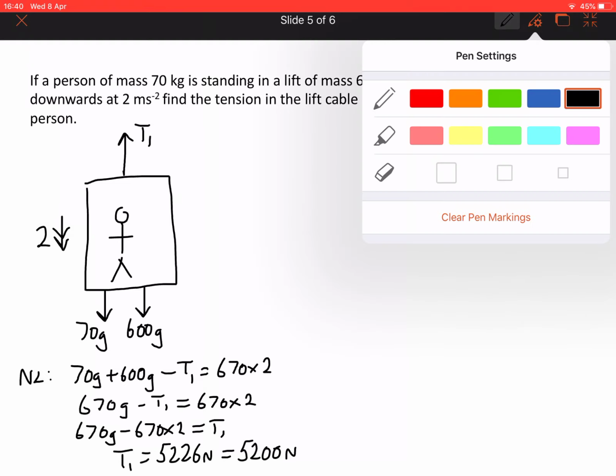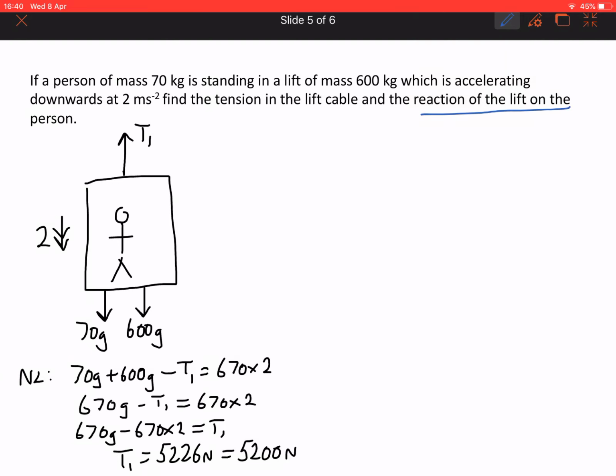The reaction of the lift on the person. Now we are looking at the forces just on the person, which are the weight, 70g, and the reaction, R1, and the person inside the lift is accelerating downwards at 2 meters per second squared.